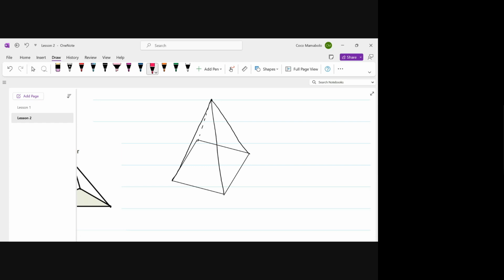So for this triangle over here, this is going to be my base, and my perpendicular height will have to come from here, going in that direction. There. If you look very closely, that is not a perpendicular height. In the 3D shape, it's a slant height.